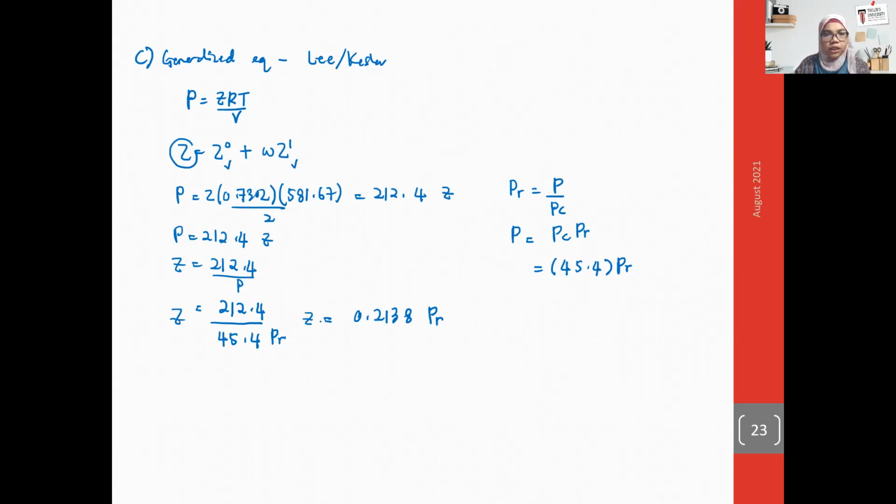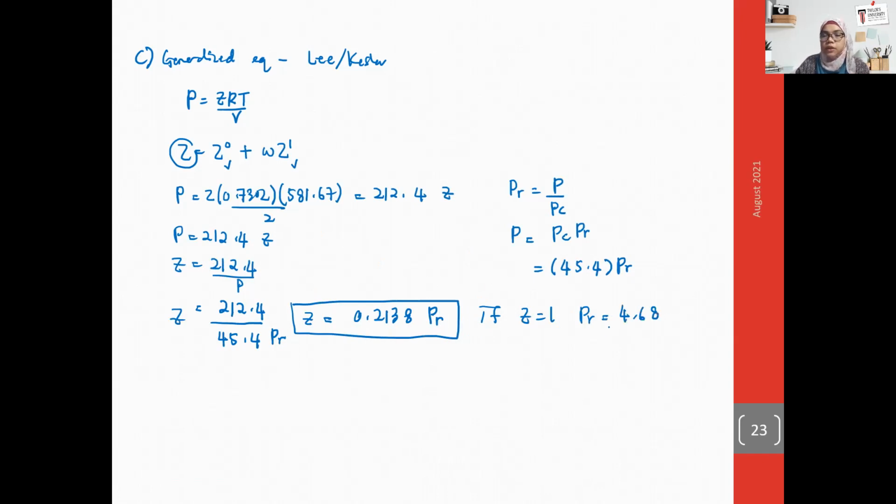So we can start with this. How about if we have Z equal to 1? That means if Z equals 1, we can have PR equal to 4.68, right?